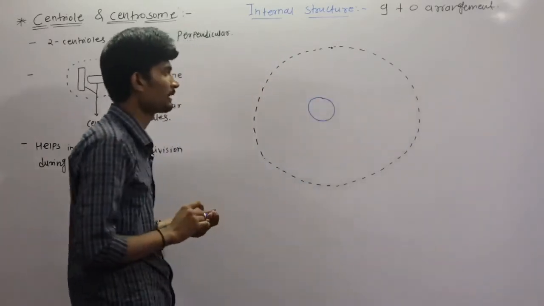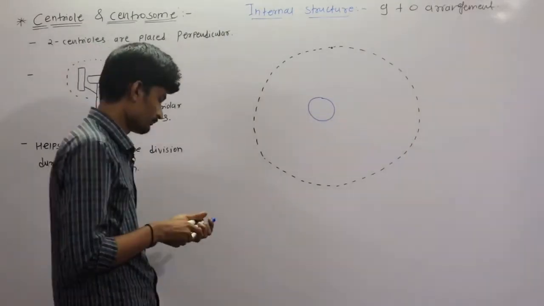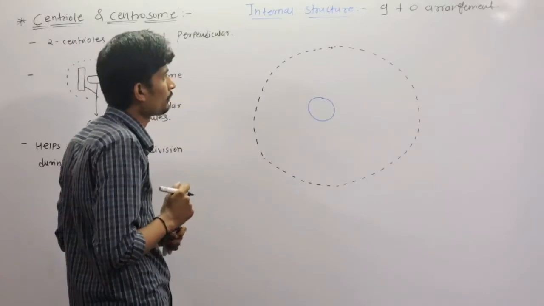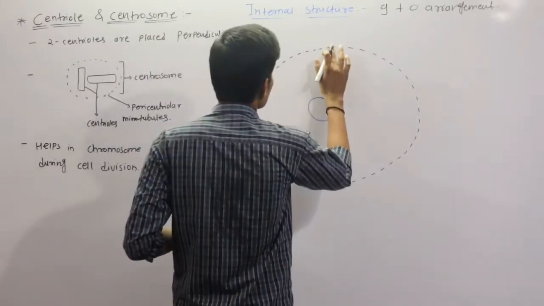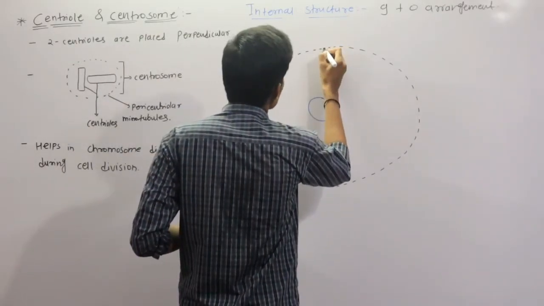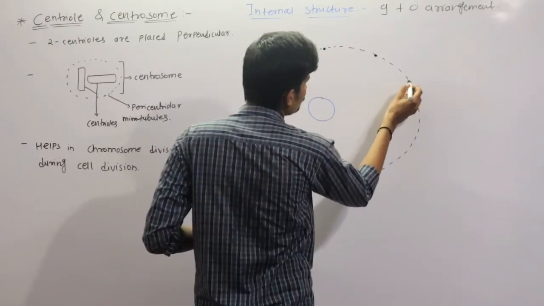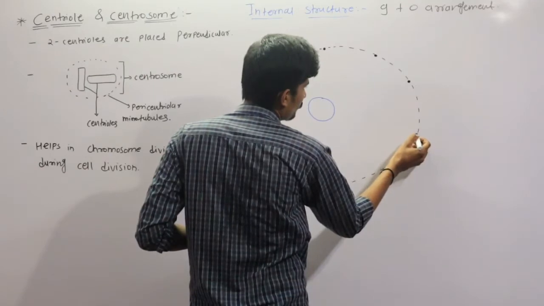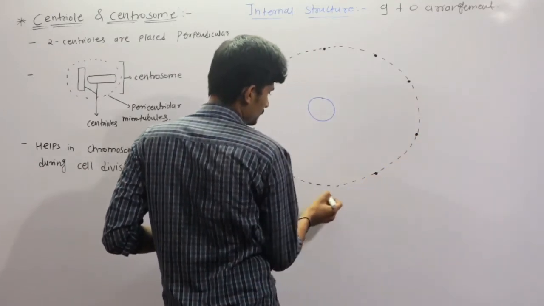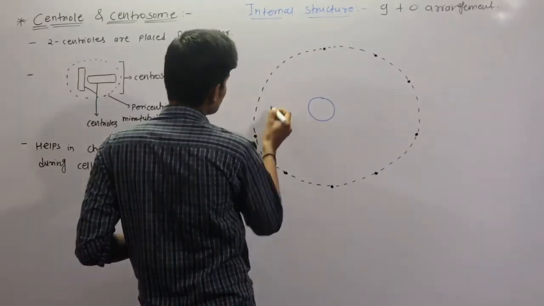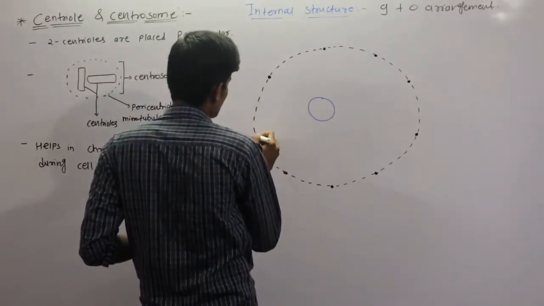We will name each part of the internal structure of the centrosome or centriole. Basically there are 9 points: 1, 2, 3, 4, 5, 6, 7, 8 and 9.